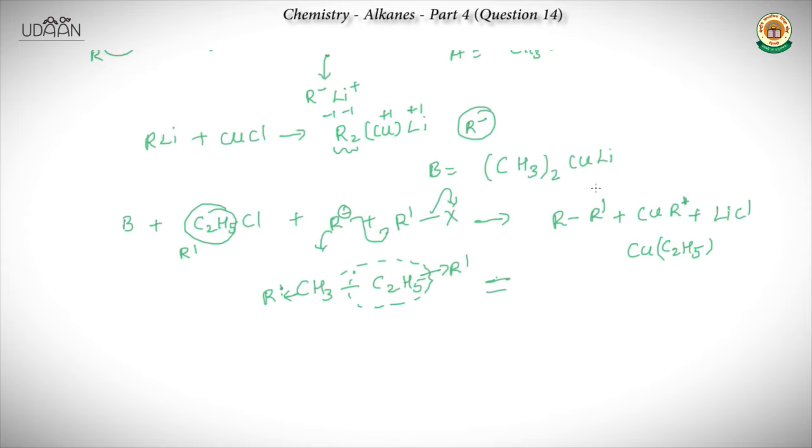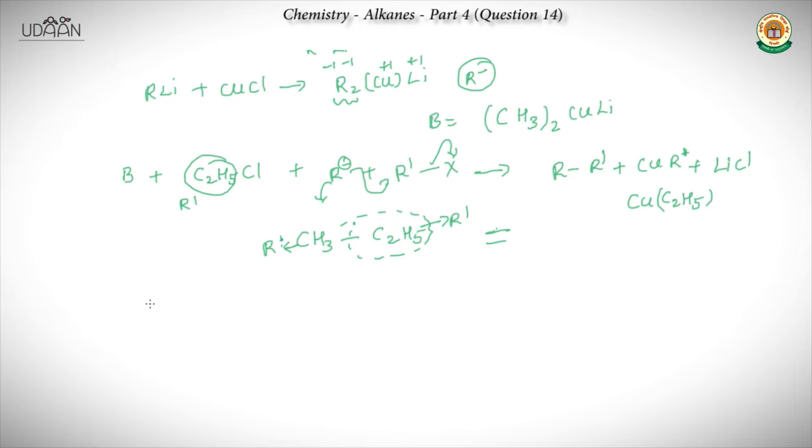Now that we've gone on this side note, let's come back and try and solve it for F, because that's the only one remaining, right? Yes. You got B as (CH3)2CuLi. Now this one you have treated with this compound. If you directly write the product like the Corey-House synthesis, you will get this is R dash and this is R. But lots of steric hindrance by the looks of it, right?